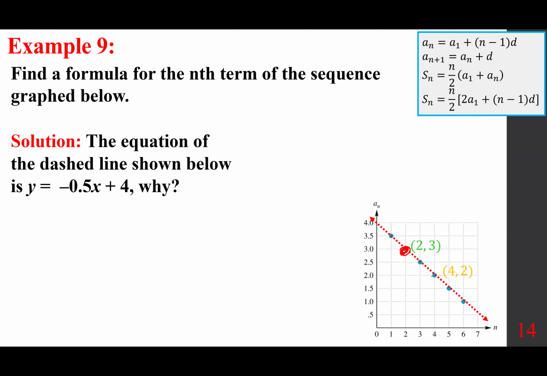This one and this one, okay? You have 2 points. Calculate the slope, y sub 2 minus y sub 1 over x sub 2 minus x sub 1. So 2 minus 3, 4 minus 2, and we get negative 1/2. I'm assuming nobody has any problem with this.